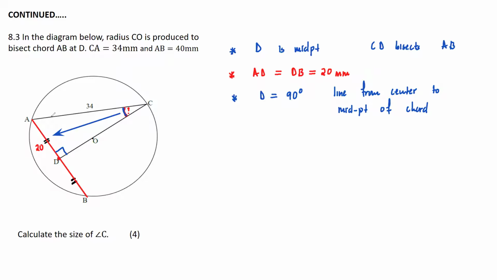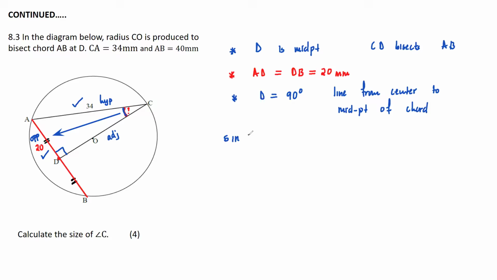The side AC would be the hypotenuse, if I'm not mistaken. And the side DC should be the adjacent side. Talk to me, work with me. What am I looking for? I'm looking for C. So what do I have? I've got the opposite side, 20. I've got the hypotenuse, 34.